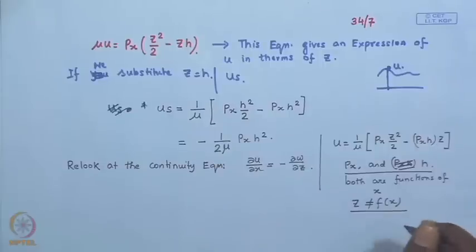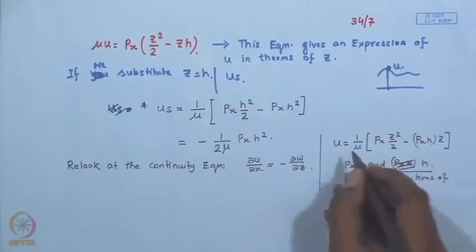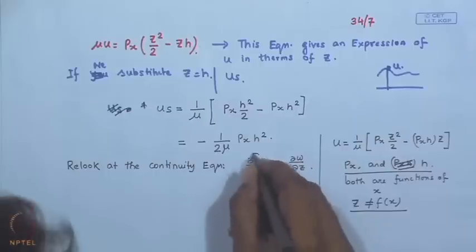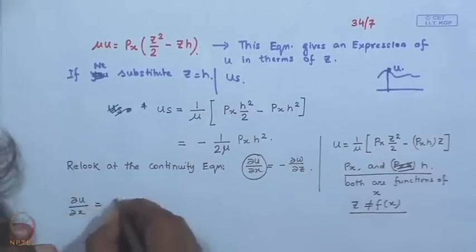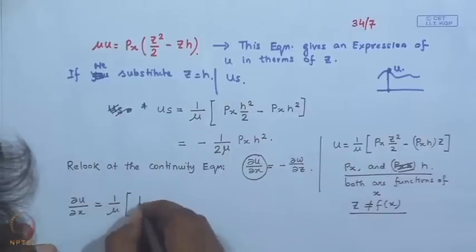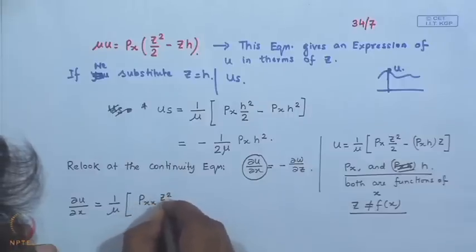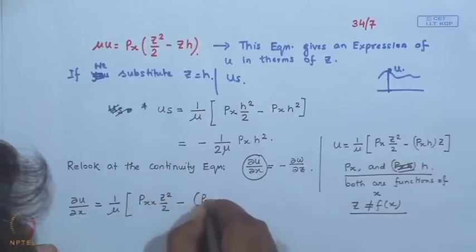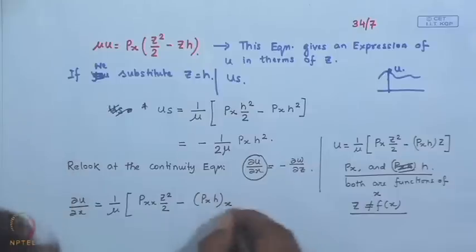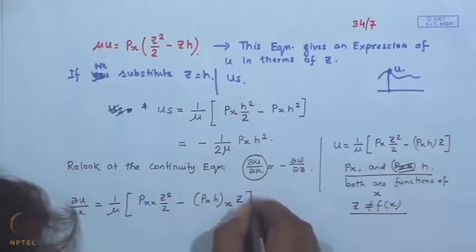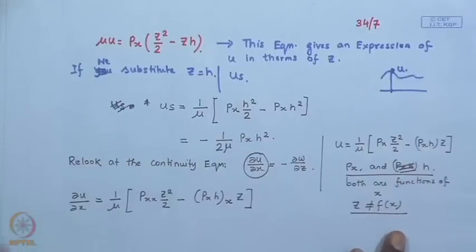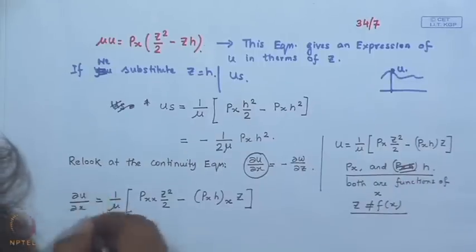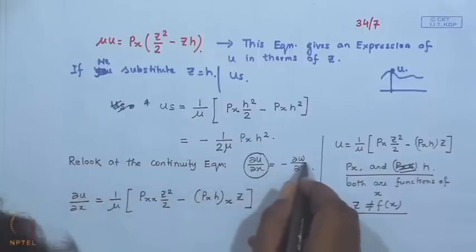So, what we do, we take this expression of u and find the partial derivative del u del x. From here we get del u del x is equal to 1 by mu into pxx z square by 2 minus del del x of px into h into z. Which now we have that del u del x is equal to minus del w del z.